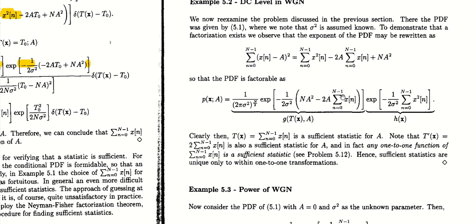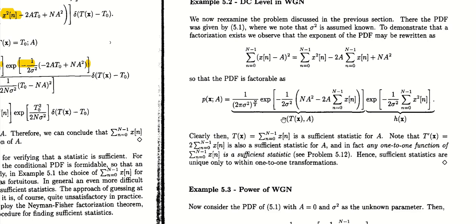And be aware that other than T of x, there are no other terms with x. You see, there is no x here. There is no x here. There is no x here. The only x that exists is in T of x.